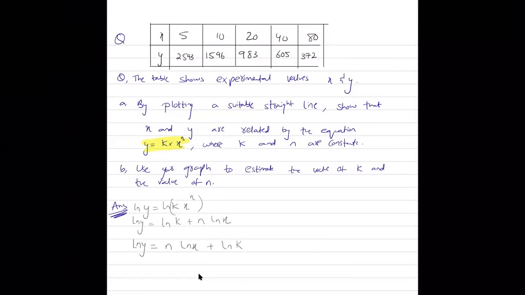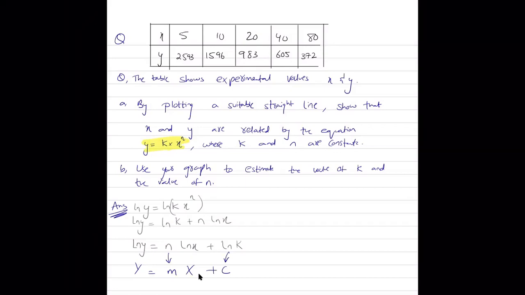Now you know this, that if you compare this equation with y equals mx plus c, the graph should be plotted of ln y against ln x, and the gradient is going to be n, and the y-intercept is going to be ln k.